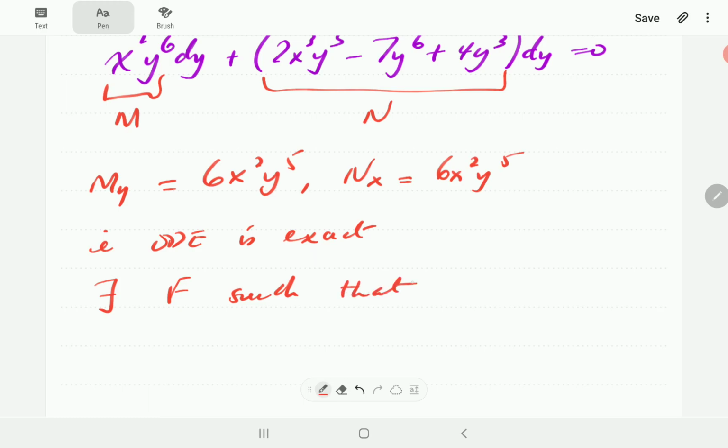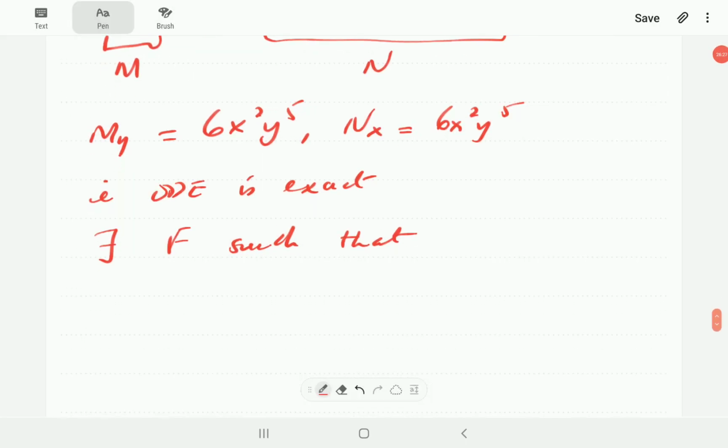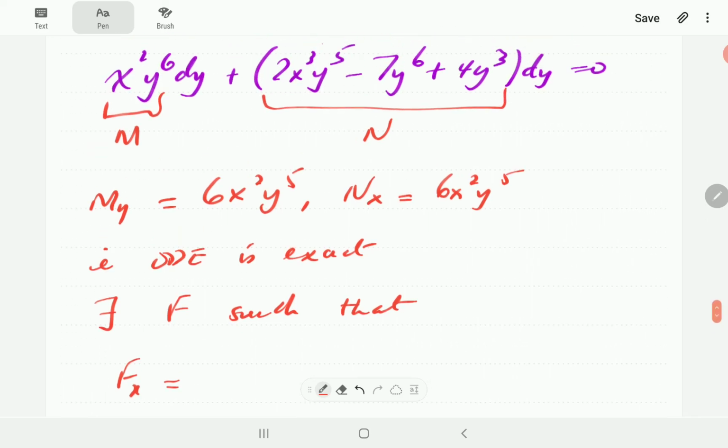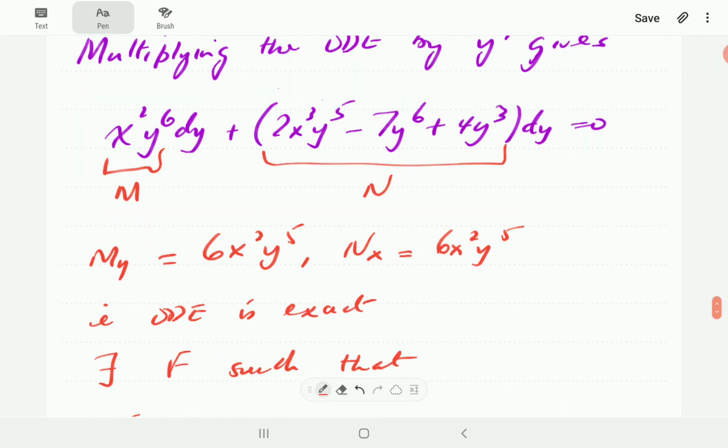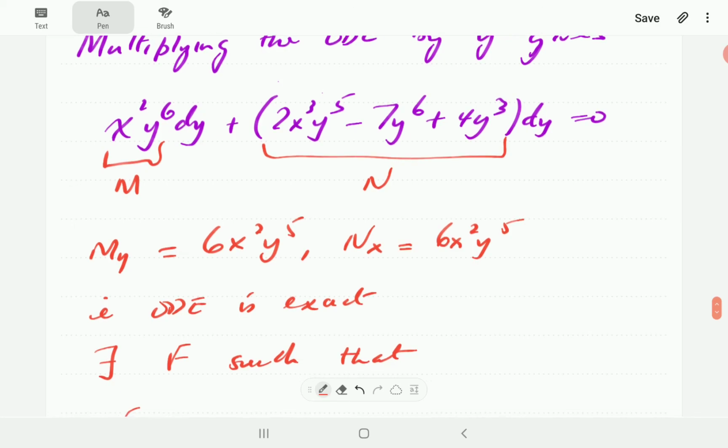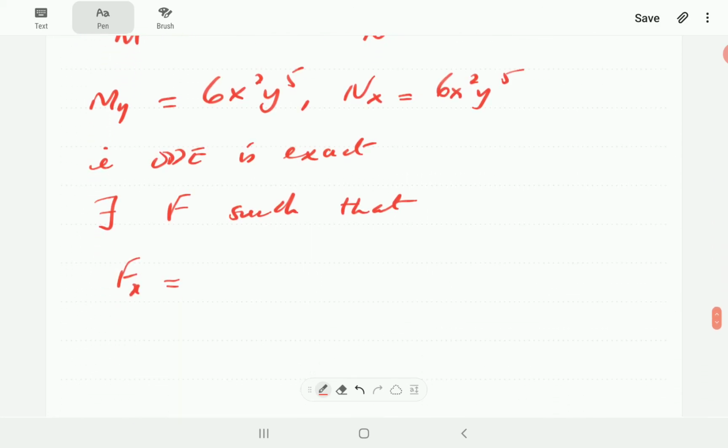such that its x partial derivative is going to be equal to our m here. So it's going to be x squared y to the power 6.